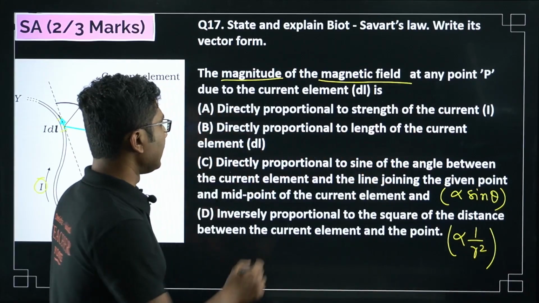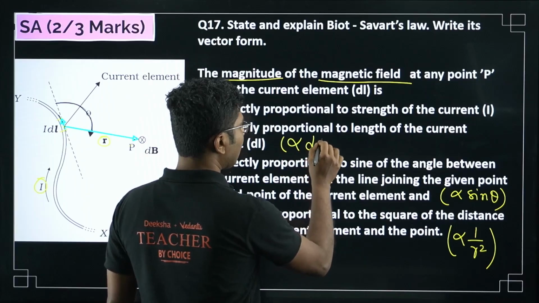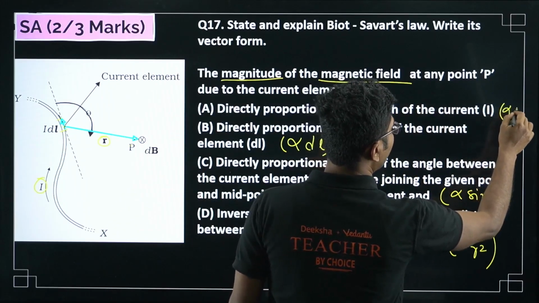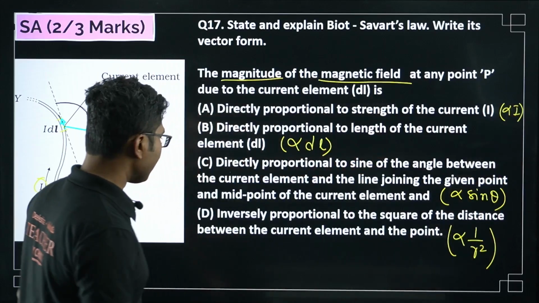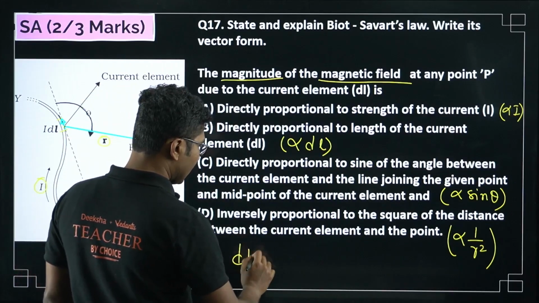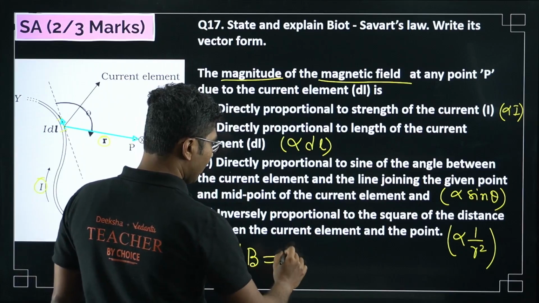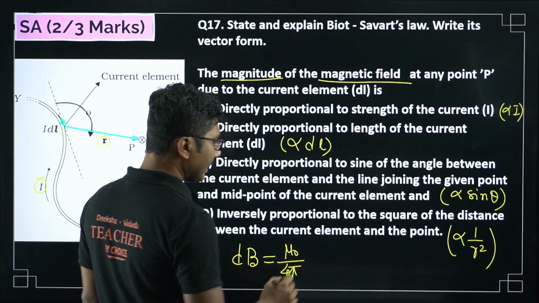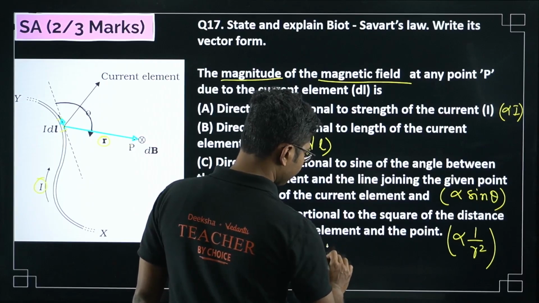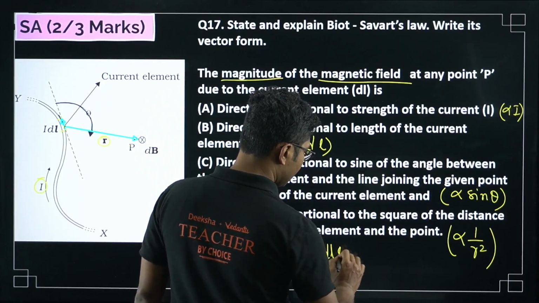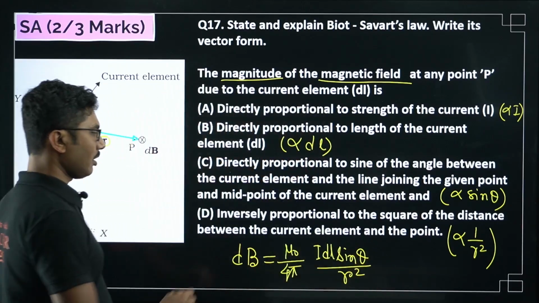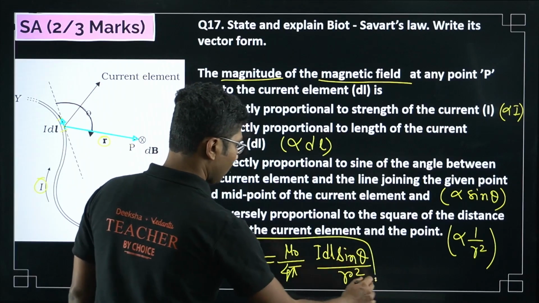Here it is directly proportional to dl, here it is directly proportional to I. If you combine them, the equation becomes dB, that is the magnetic field, is mu naught by 4 pi, I dl sine theta by r square.